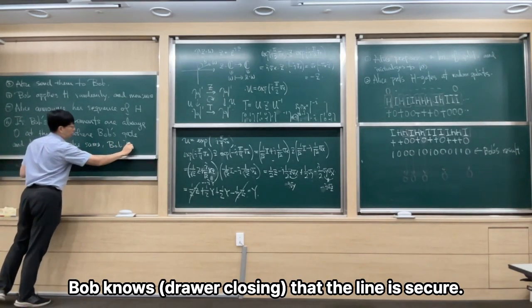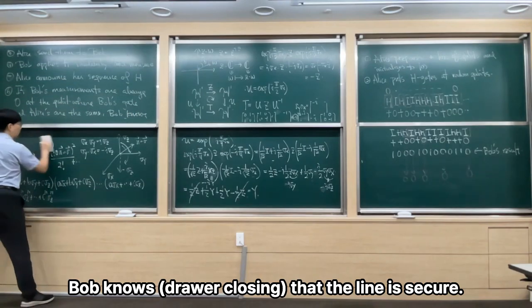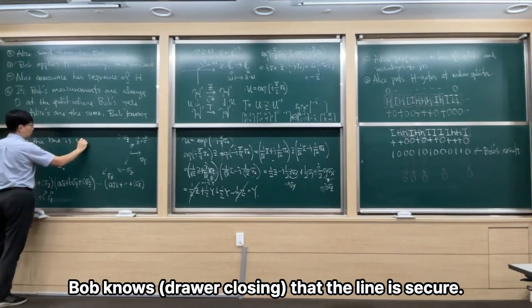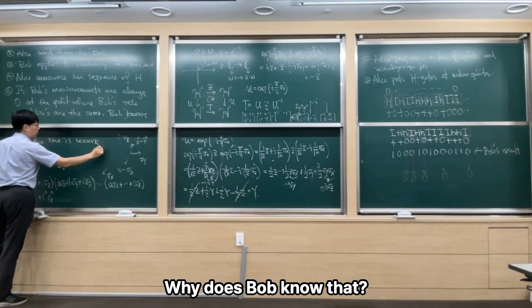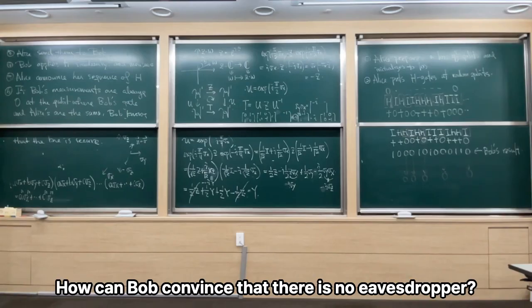So Bob knows that the line is secure. Why does Bob know that? How can Bob be convinced that there is no eavesdropper?